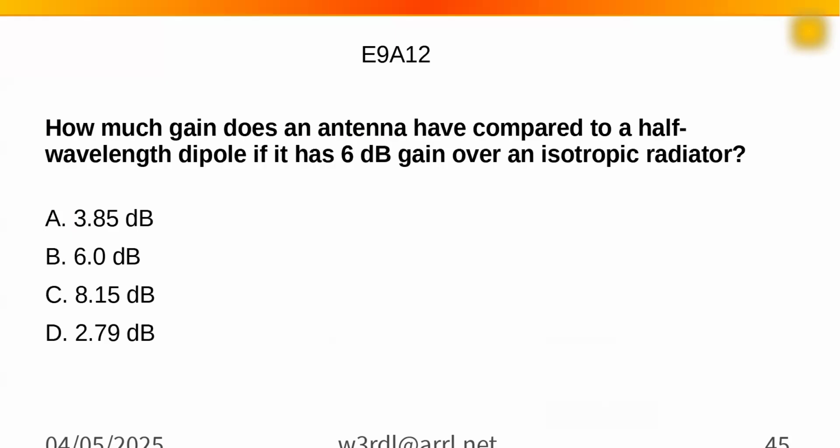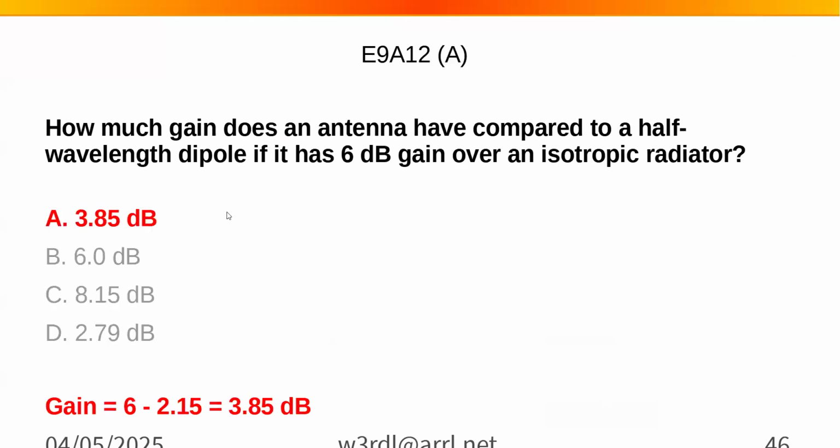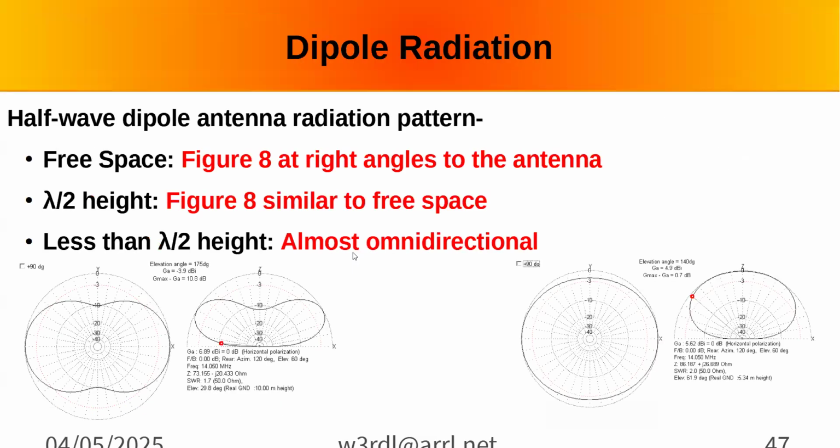What do we know about the difference between a half wave dipole and isotropic? 1.5. So what do you do with that number? Very good. Now you work that out in your head.